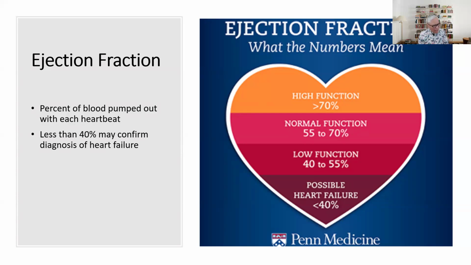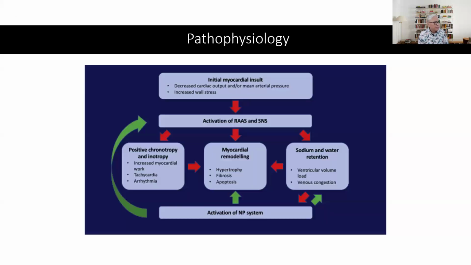Okay, so with that in mind, now we are going to talk about the pathophysiology of heart failure. Heart failure results from a variety of cardiovascular conditions, including, for example, chronic hypertension, coronary artery disease, and valvular disease. And as heart failure develops, the body activates neurohormonal compensatory mechanisms.